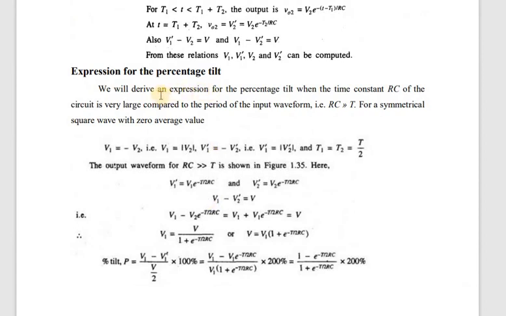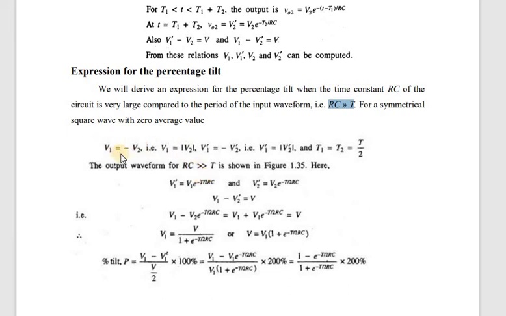This expression can be derived by using the time constant RC of a circuit which is very large compared to the period of the input signal waveform, that is, when RC is greater than T. So we derive this percentage of tilt when the output waveform is in the condition RC > T.